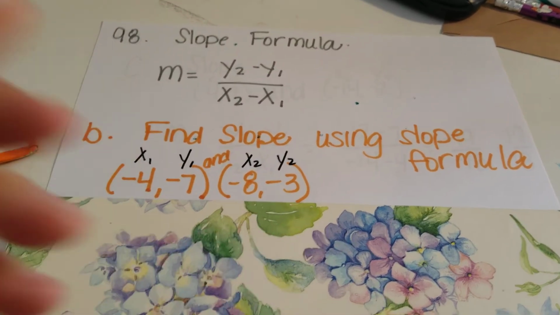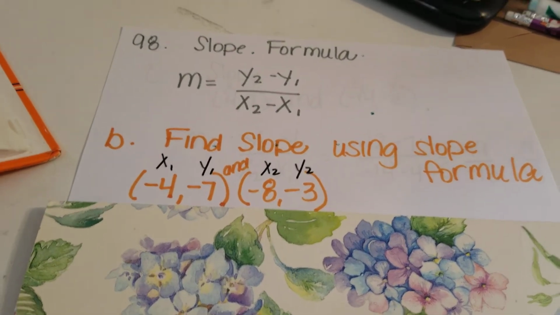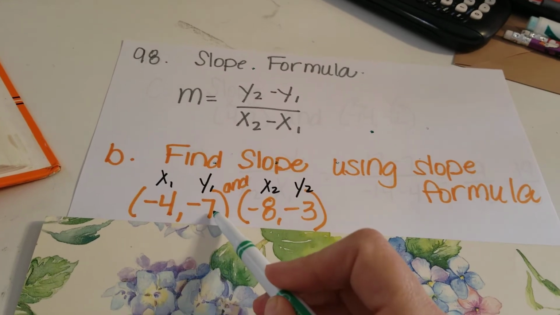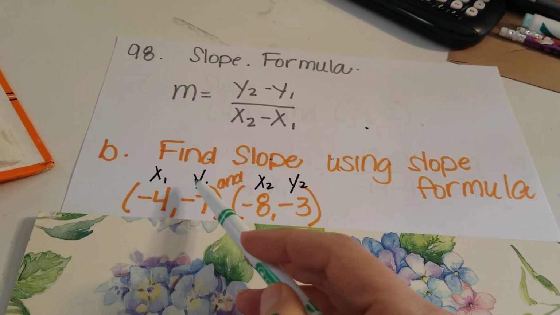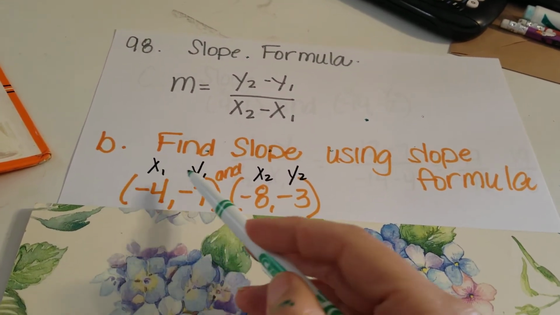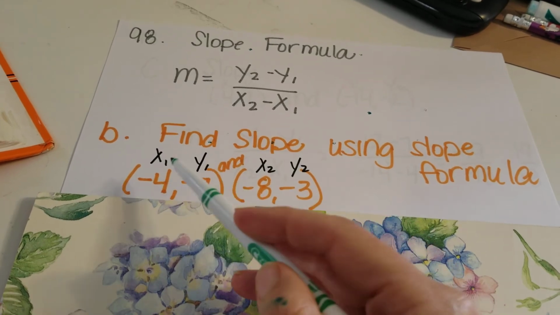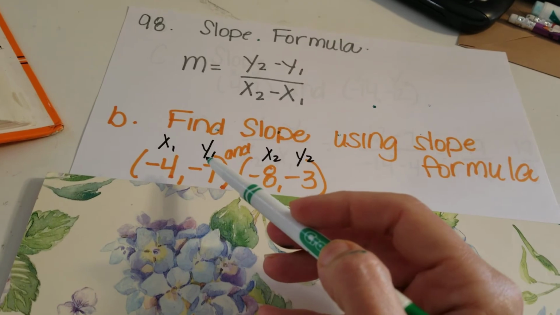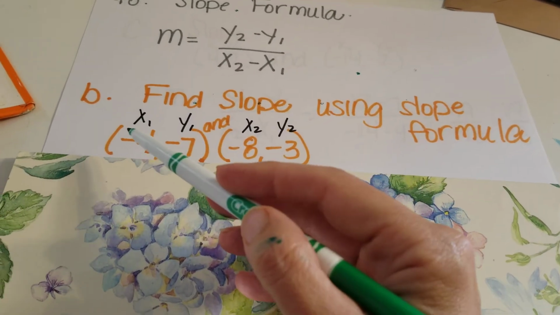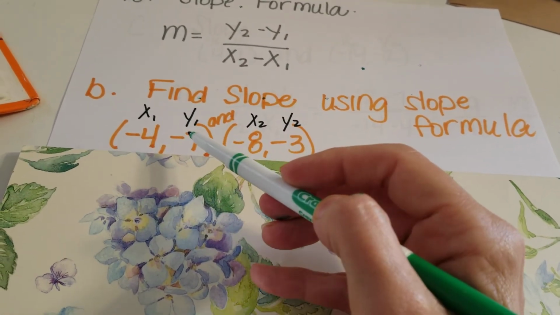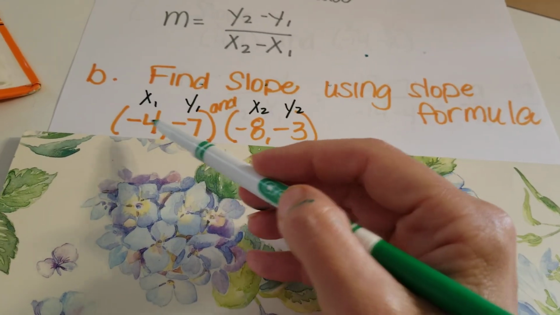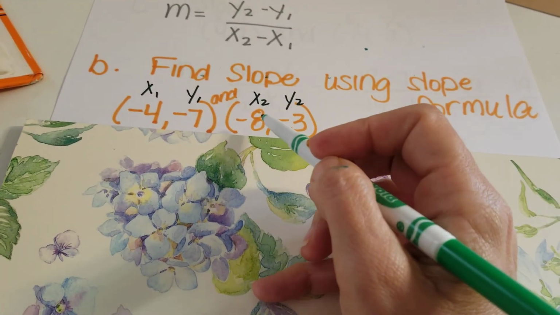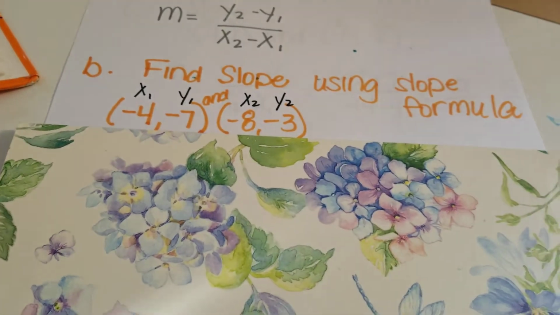I label my coordinate as x1, y1. It doesn't matter which one you make the x1, y1 or the x2, y2. What matters is that you're consistent. Whatever is your x1 also needs to be your y1. So x1, y1, and then this one became x2, y2.